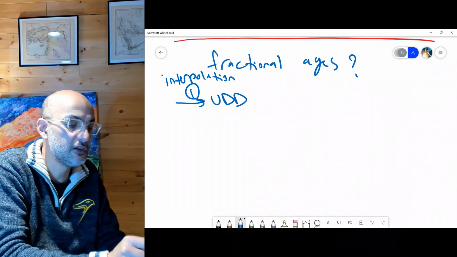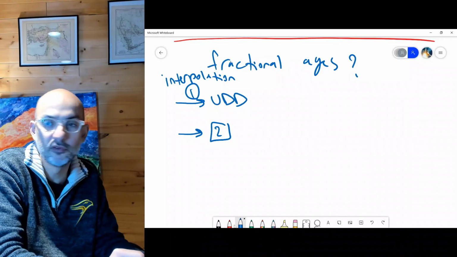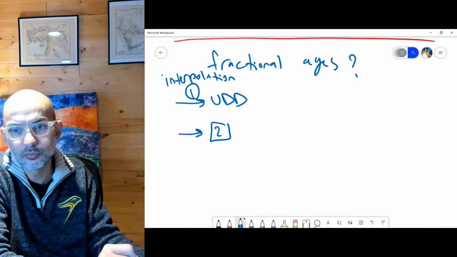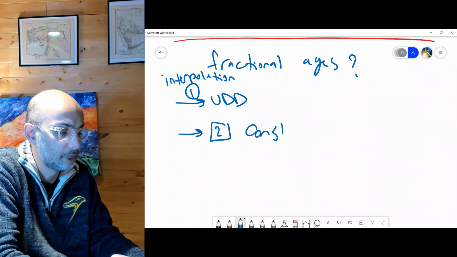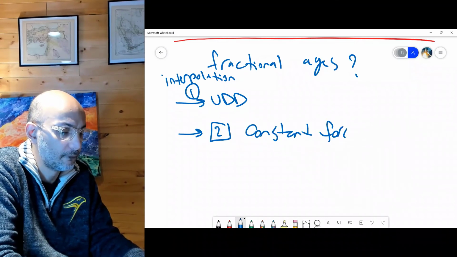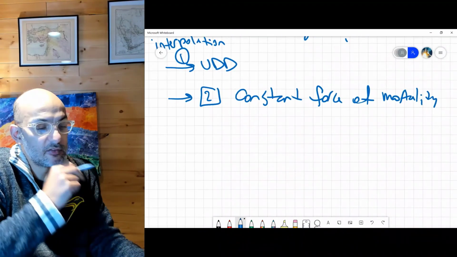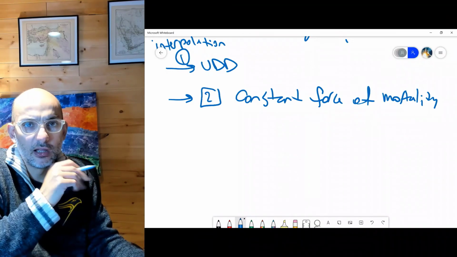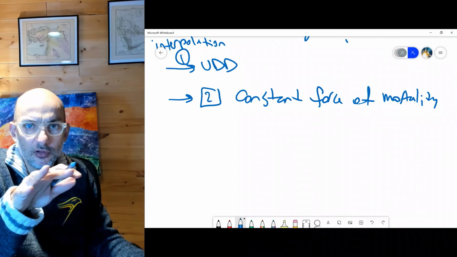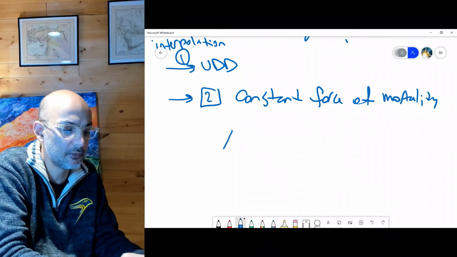The second method is to use constant force of mortality. It does not assume death is uniformly distributed, but assumes that the force of mortality is constant. Remember, what's the force of mortality?